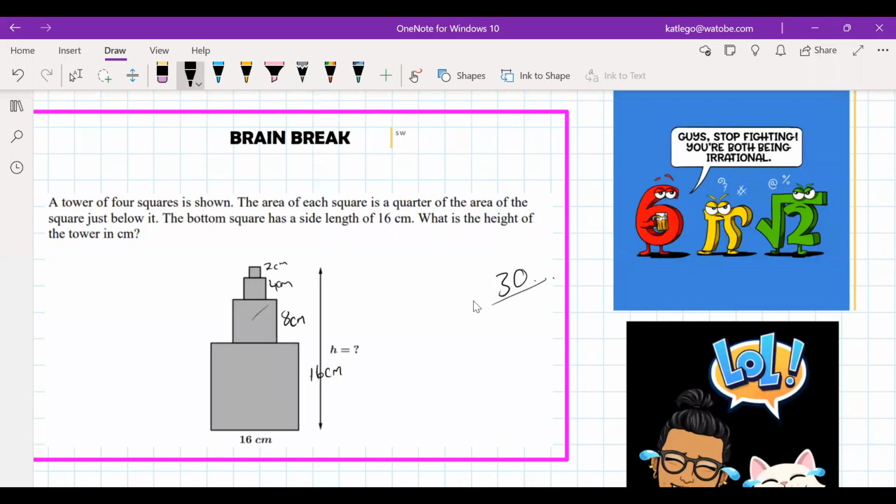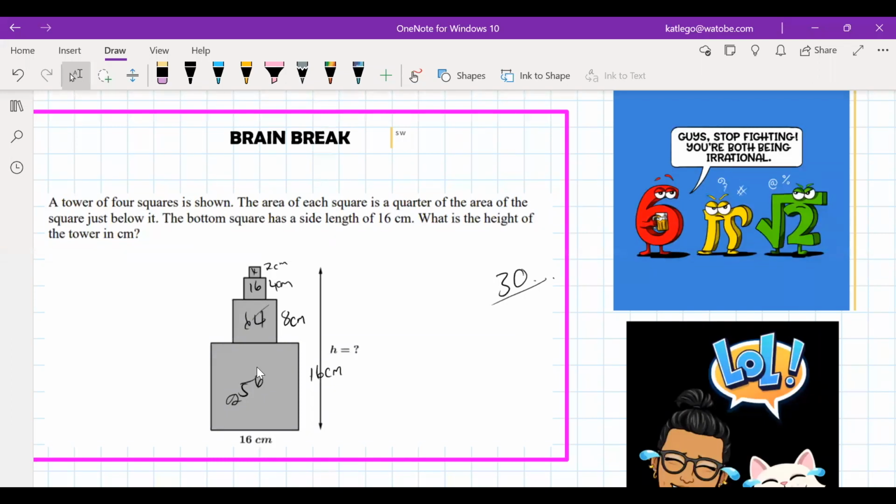Okay. So if this area would be 64, a quarter, no. Would it be 64? No, guys, it wouldn't be 64. It'll be 256. Sorry. So the area at the bottom is 256, and a quarter of that would be 64, and a quarter of that would be 16, and a quarter of that would be 4.